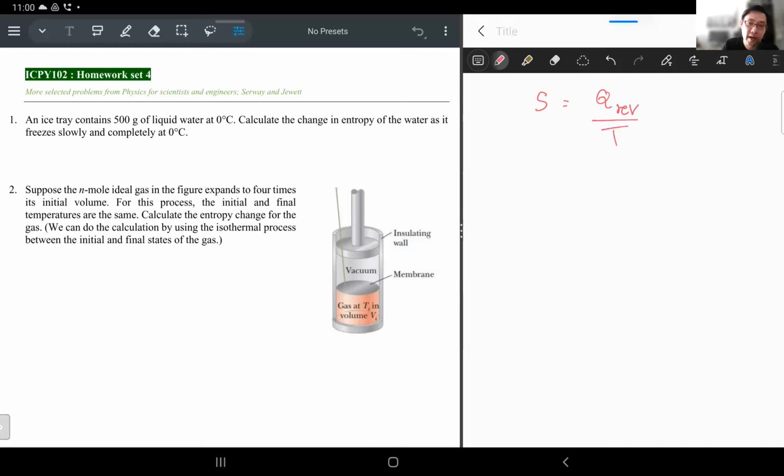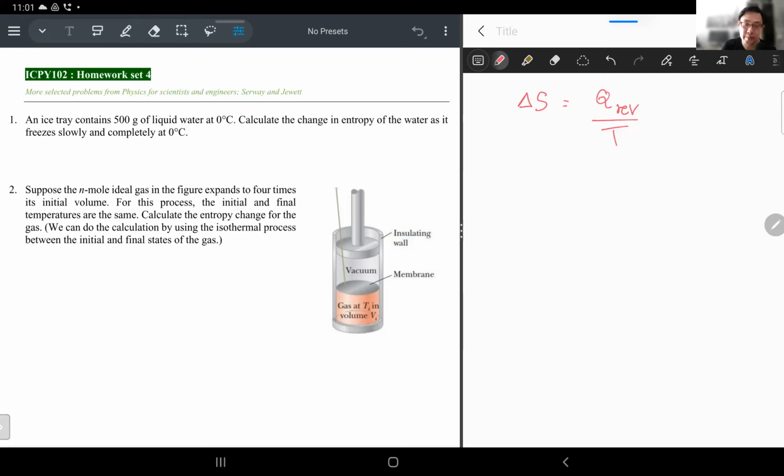However, once again, we don't want to do this by saying that, because heat is energy transfer. It's not a value attached to an object. So this will lead you to the change of the entropy.